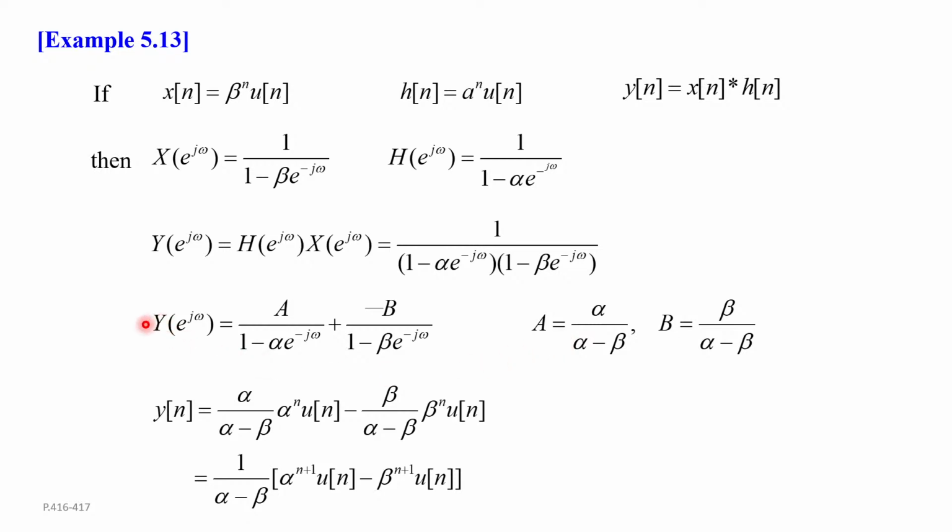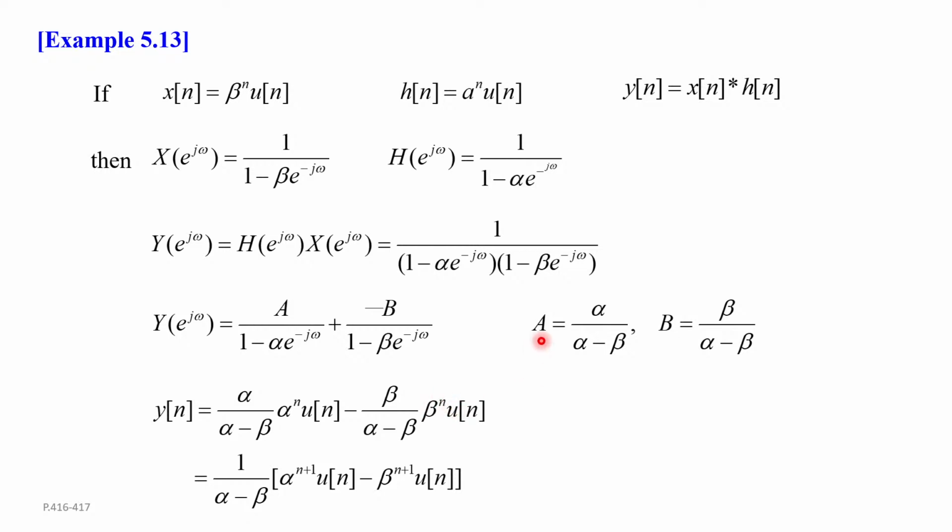Then you do the inverse Fourier transform back to the small y. Now this is in the form that we know. We know 1 over 1 minus alpha e to the minus j omega, just because we did the Fourier transform here already. The inverse Fourier transform back is going to be another exponential decay, with the exponent being alpha, and this one transforms back with exponent beta.